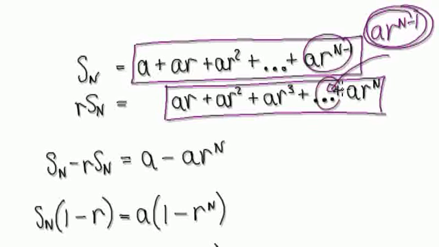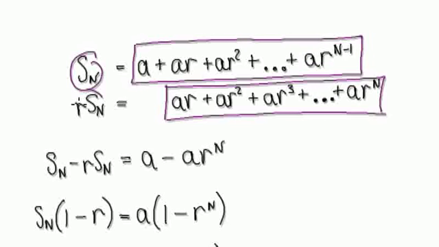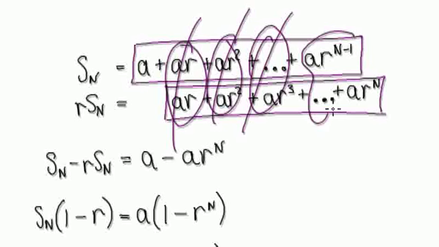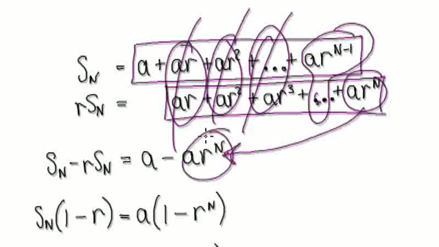So notice that this would cancel out with this term here. So the point here is that if you get this, take away this, you're going to get this, because these would cancel out, all the middle ones would cancel out, this would cancel out with the previous one. All that's left here is this thing here, which is this, and then you've got your A here, which is this.